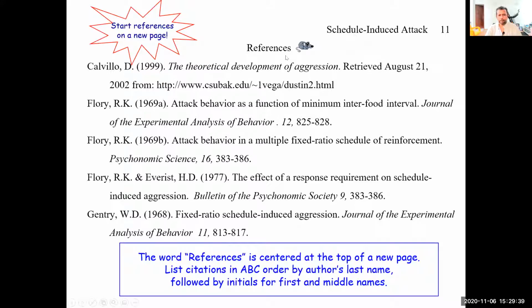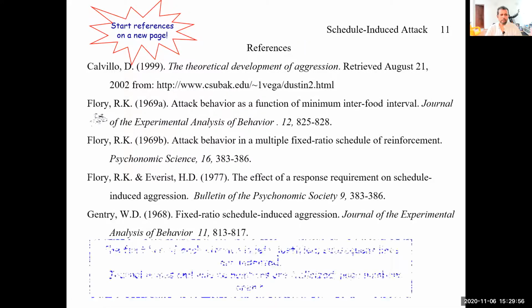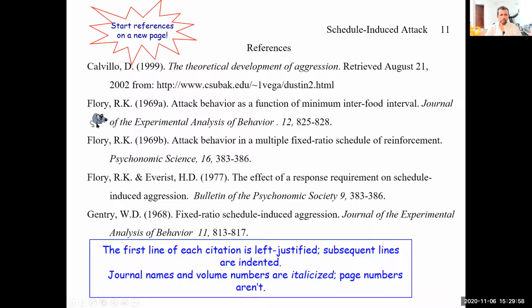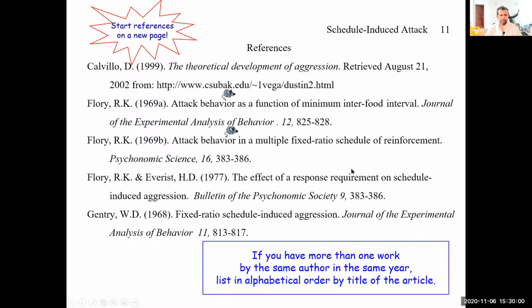Here the reference list. As you can see, the reference list is centered. There's no chapter number or anything, just the word References centered, and you will have the references in alphabetical order, right? You have to leave a space here.